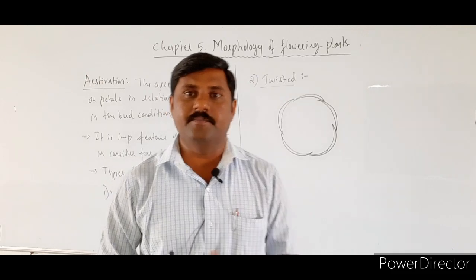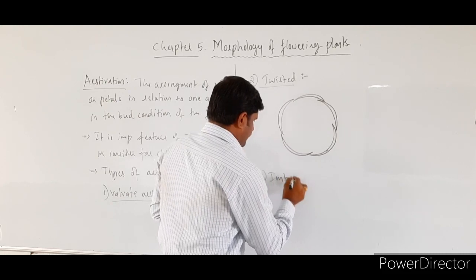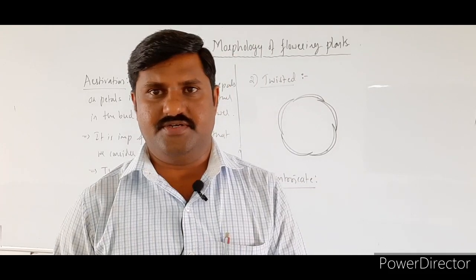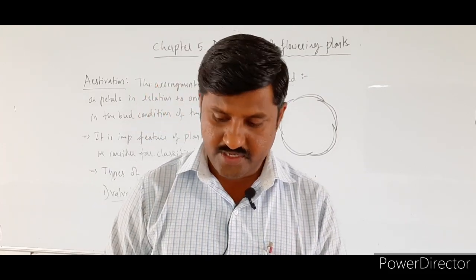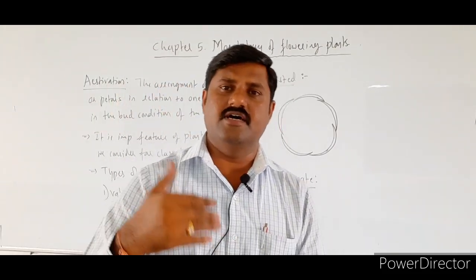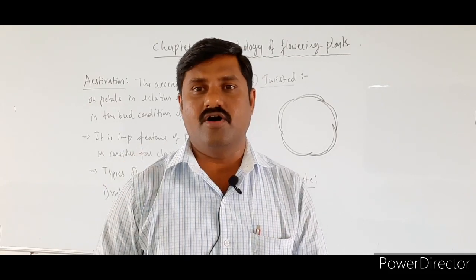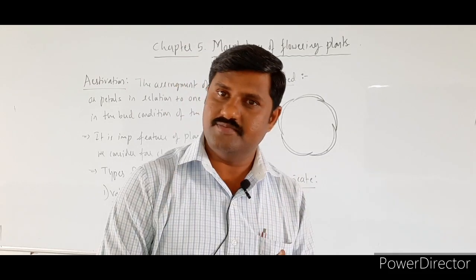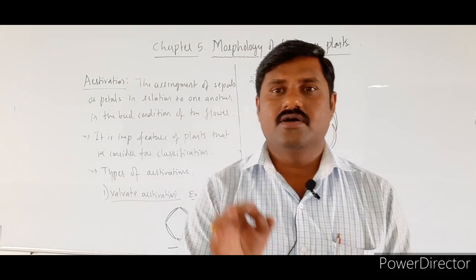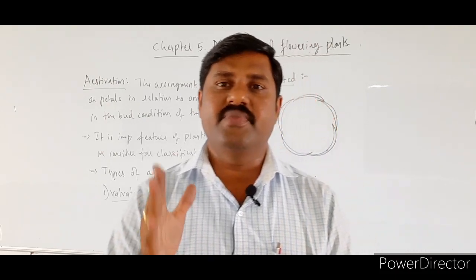And the next one is imbricate estivation. The third one is imbricate estivation. What do you mean by imbricate estivation? Imbricate estivation is the one in which one of the floral leaves, that is either a petal or a sepal, remains inside or internal, one of them remains outside, and the remaining ones overlap one another. Then the condition is known as imbricate estivation.